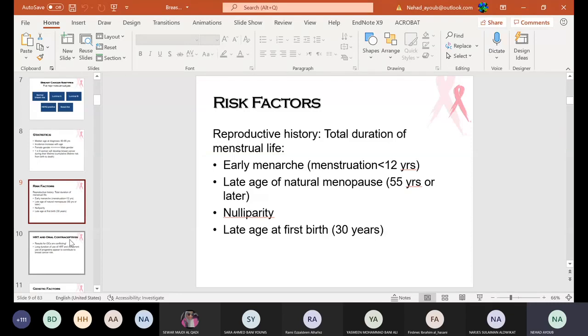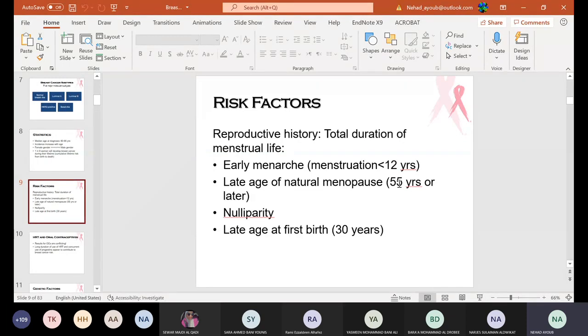Unmodifiable risk factors include the reproductive history of the female patient. In general, the earlier the onset of menarche, or menstruation, and we define early menarche as menstruation starting below the age of 12 years, and the later the onset of menopause, the permanent cessation of menstrual activity or cycles, the higher the risk. When we talk about late menopause we mean a menopause that happens at age 55 or even more.